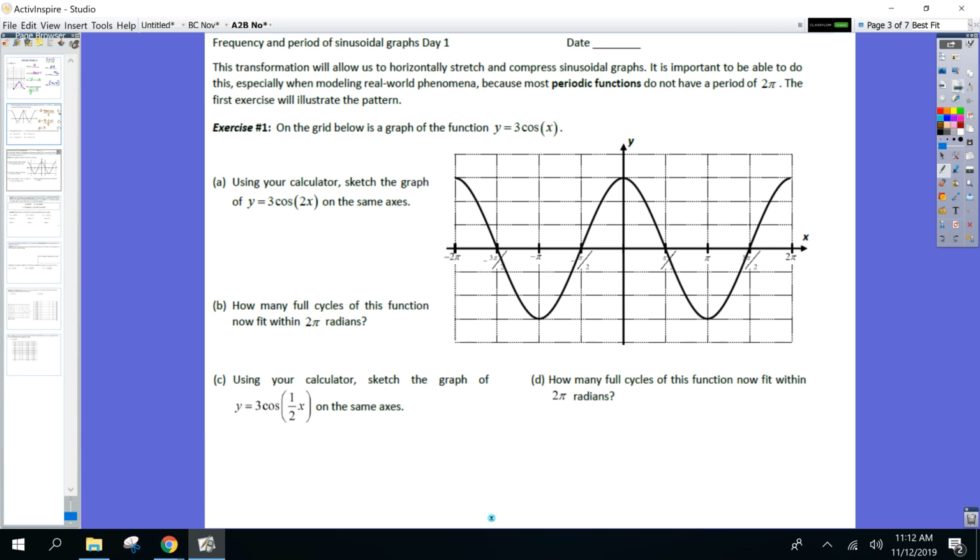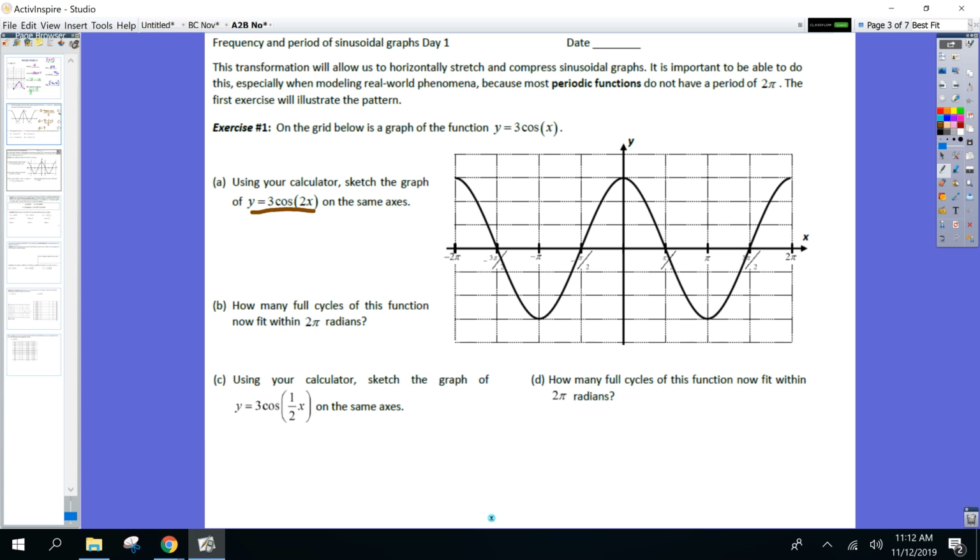I'm going to have you guys, no calculator. I know it says using your calculator in part A, but I don't want you guys dependent on the calculator. It's just more stuff for you to remember. So I'm just going to show you what the points are. But I do want to know something first. What's so different about this graph than anything we've had in the past? What is brand new about this equation?